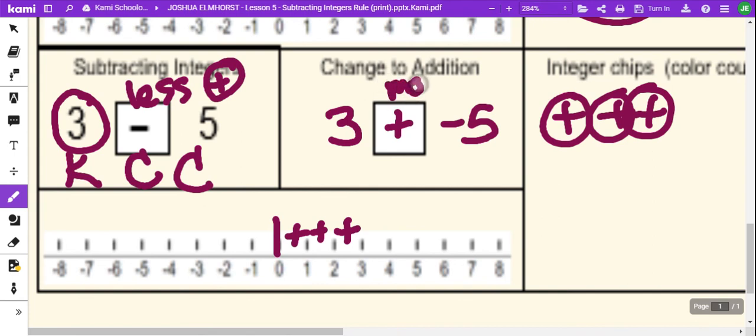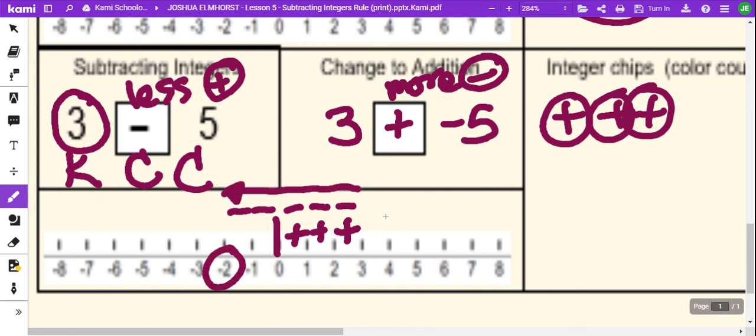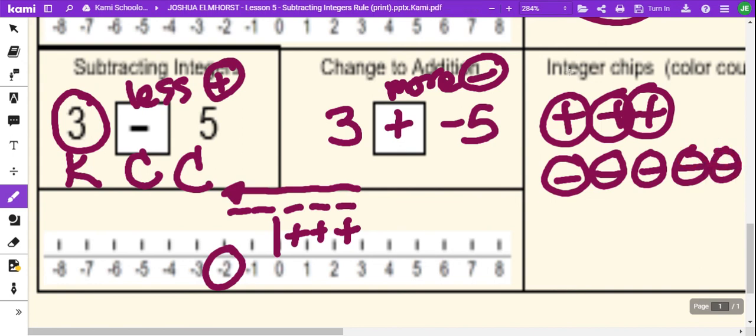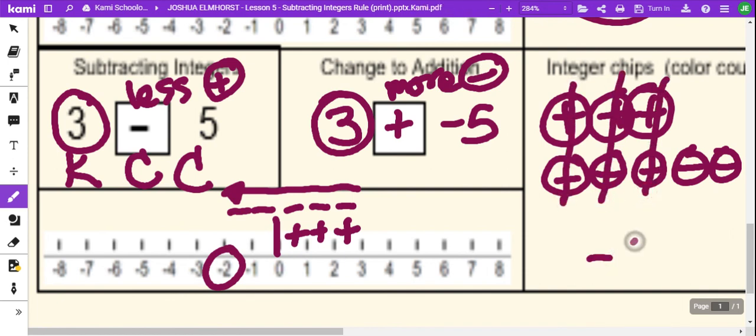Less positives means more negative. Now we're going to turn around and then go 1, 2, 3, 4, 5. Less positive means more negative. I have 3 positives and I get more negatives. When you get more negatives, those are going to cancel each other out, and you're going to be left with 2 negatives at the end.